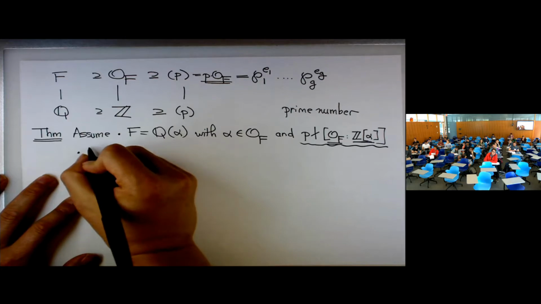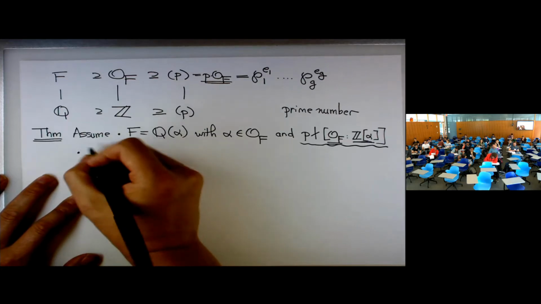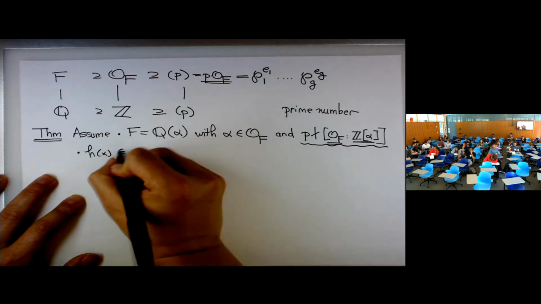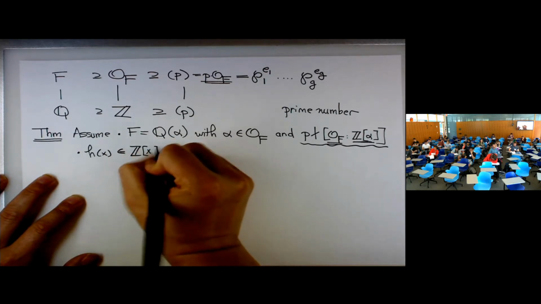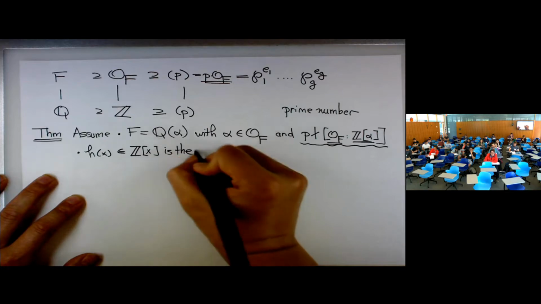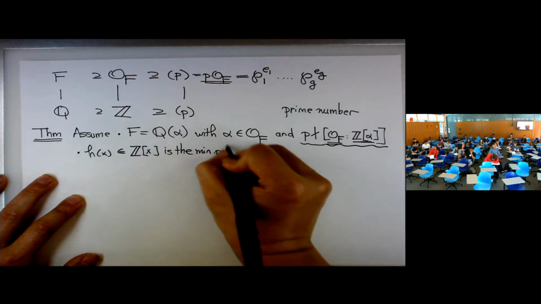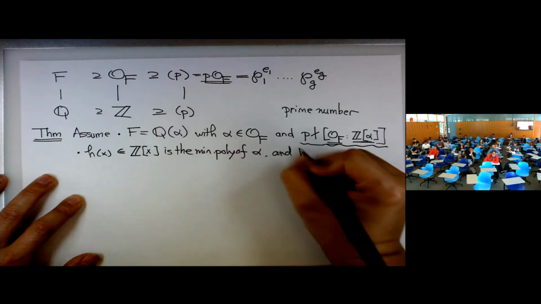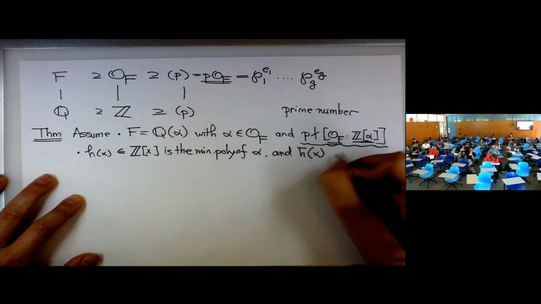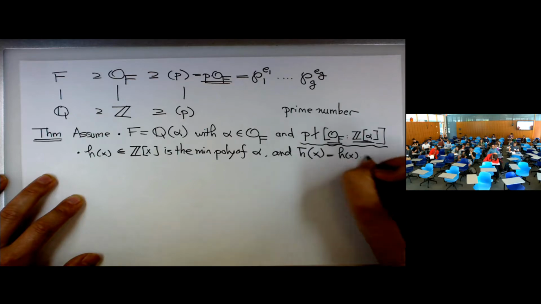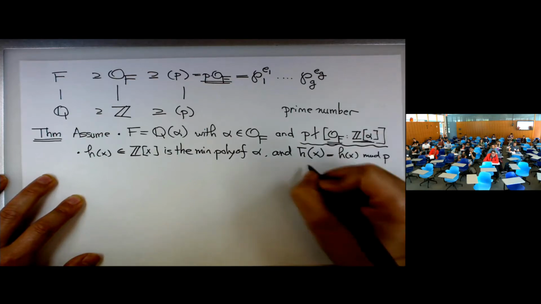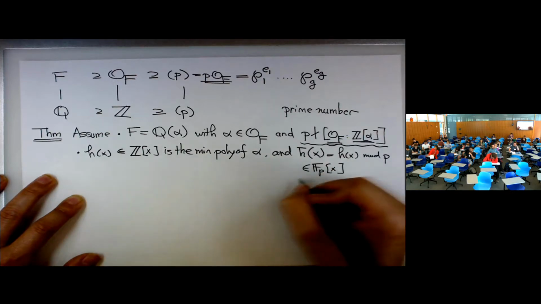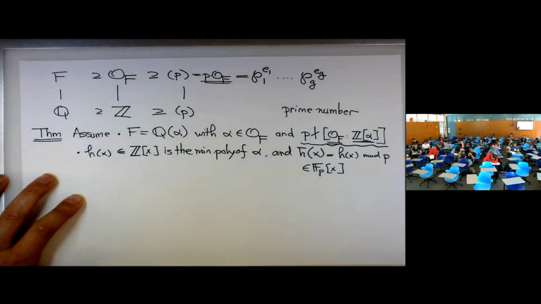Suppose that Hx, with coefficients in Z, is the minimal polynomial of alpha, and H bar x is just Hx mod P. So let's live inside Fp x. This is a reduction of Hx mod P.